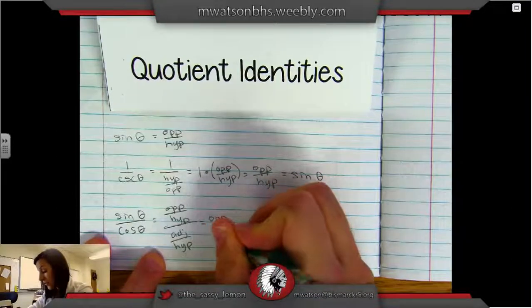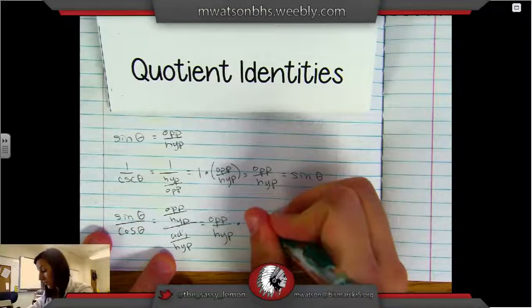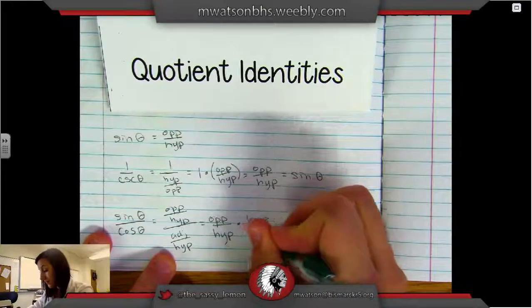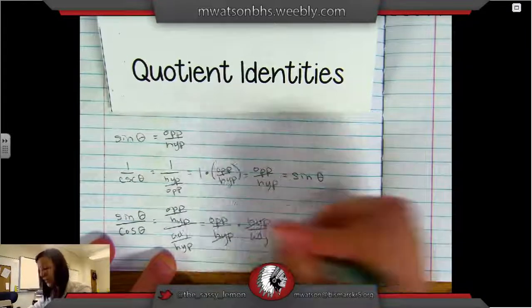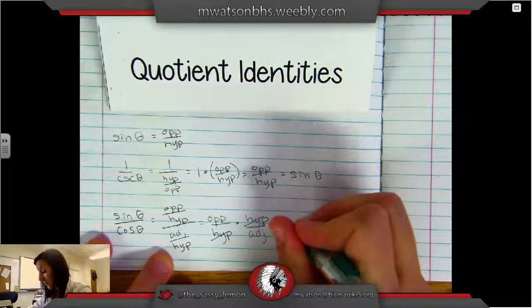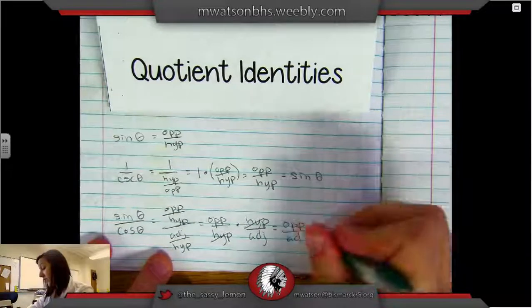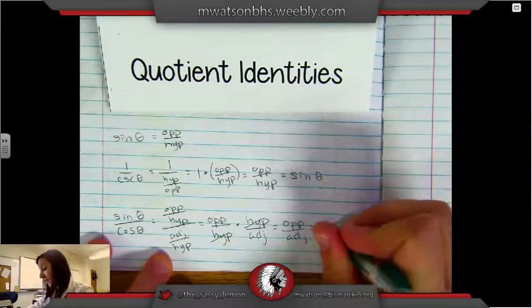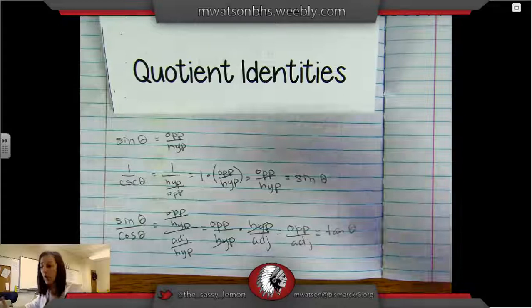The sign switches to multiplication, and the bottom switches to its reciprocal. So whatever your hypotenuse is going to be, whatever number, it's going to cancel regardless. And then you end up with opposite over adjacent. Opposite over adjacent, so it should look familiar. That's tangent of theta.